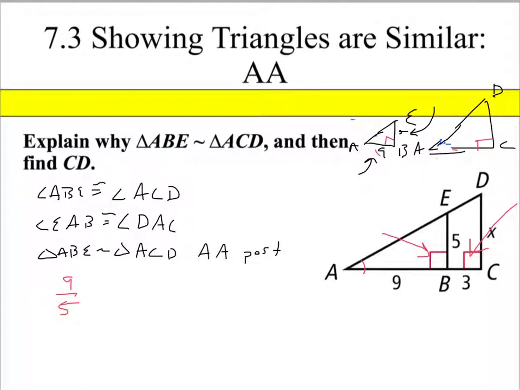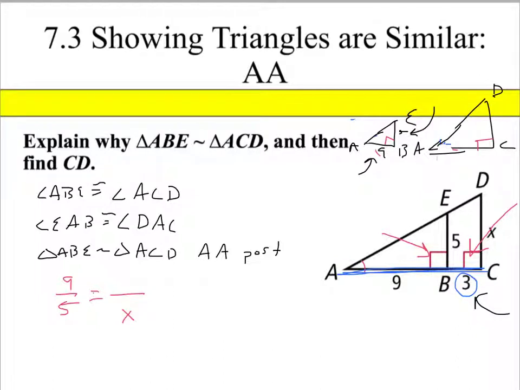Okay, on the other side, in the same proportion, I need to do the exact same thing. I need to put my base over my height. My height is going to be x. Now what's my base? You're looking at it and you can see that the number is 3. However, that entire segment of AC, we're talking about this big triangle here, that's more than just 3.